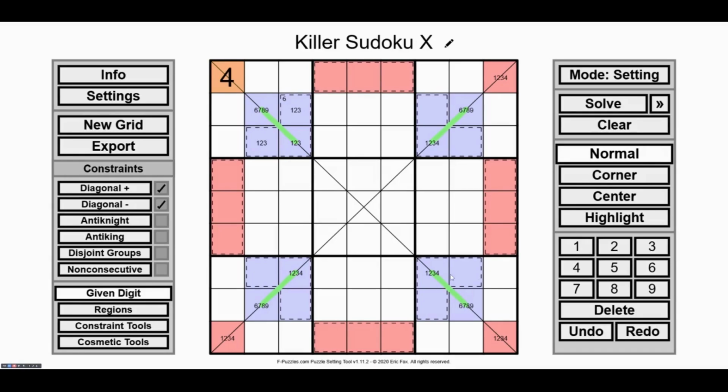Same thing I can do on this side, which will help me keep this digit small, but I cannot have the same sum of 6, because then both of them will be 4 and the diagonal rule will vanish. So let's make them 7. If I make them 7, 1, 2, 4, this digit will be 3.